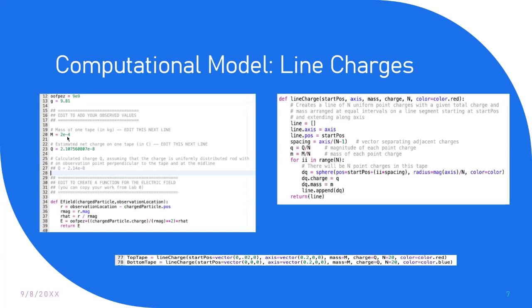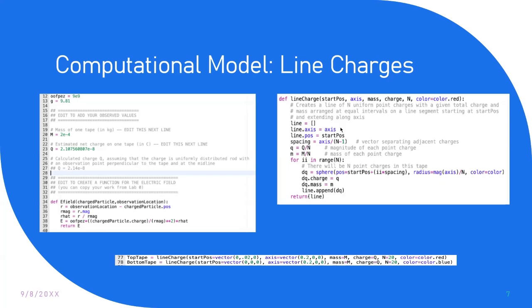So moving on to the computational model, we first defined our variables, which are the mass of the tape, 2 e to the negative 4, and our charge, which we calculated, 2.107 e to the negative 8 coulombs. And we created a function where we calculate the electric field using the observation location and the charged particle that we call later in the code.